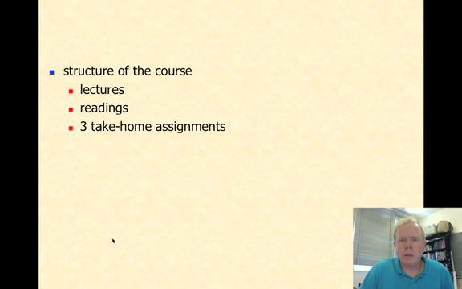We'll address this issue more completely as we get closer to assigning that first take-home homework, and we can address any questions that you have at that time.